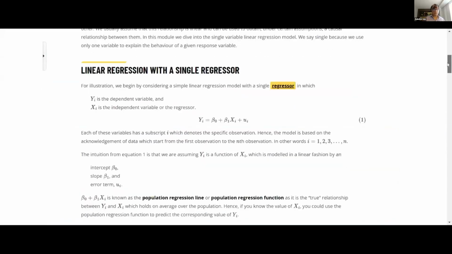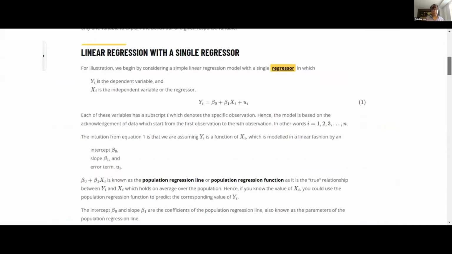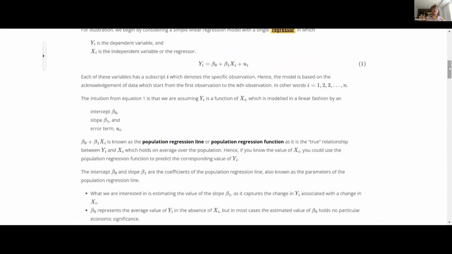This is notation, and I'm not going to get into significant detail, but at the end of the day, what are we trying to do? We're trying to formulate an equation. An equation consists of your dependent variable, which is called y, and your explanatory variable x.